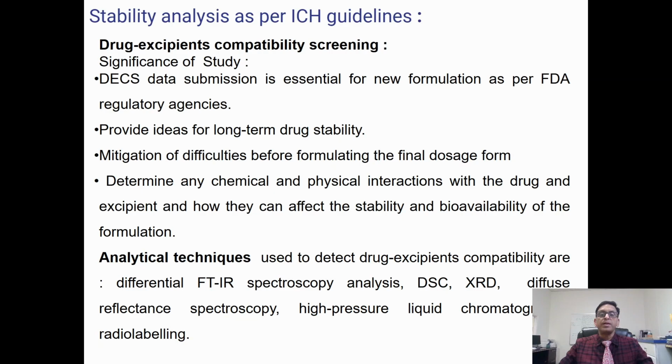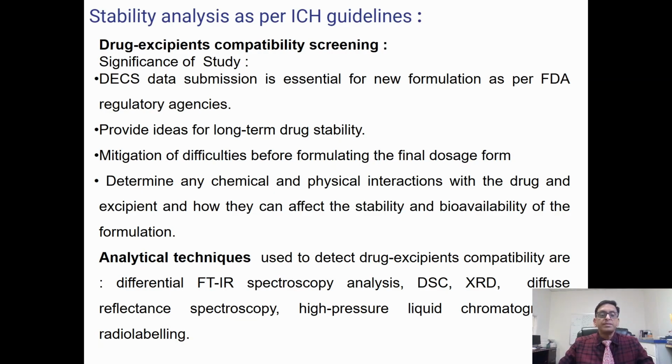It provides an idea of long-term drug stability and mitigates the difficulties at the formulation stage, so that we get a stable final solid dosage form. Any chemical or physical interactions between the drug and excipient, and how they can affect the stability and bioavailability of the formulation, are determined in this drug excipient compatibility study or screening method.